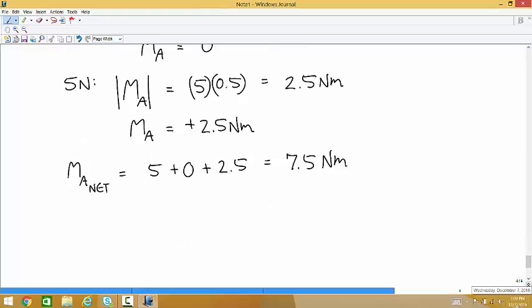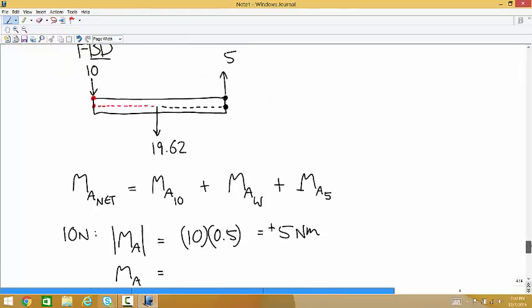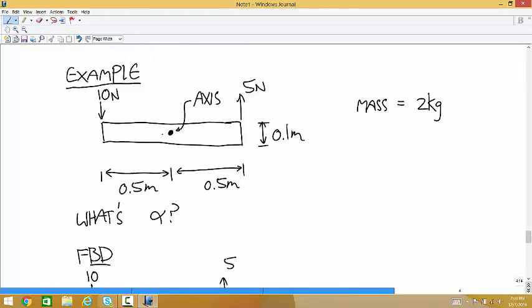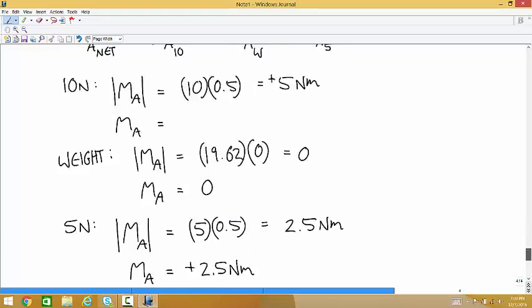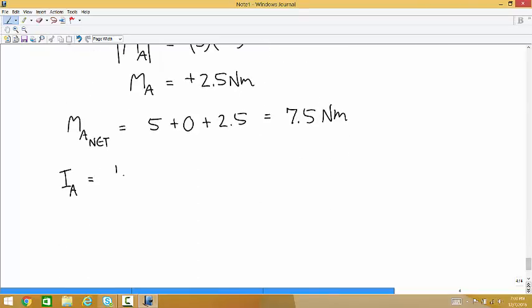Okay, so now we have to figure out the moment of inertia. The axis is at the center of this rectangle, so it's just going to be equal to 1/12 times 2 times 1 squared plus 0.1 squared.